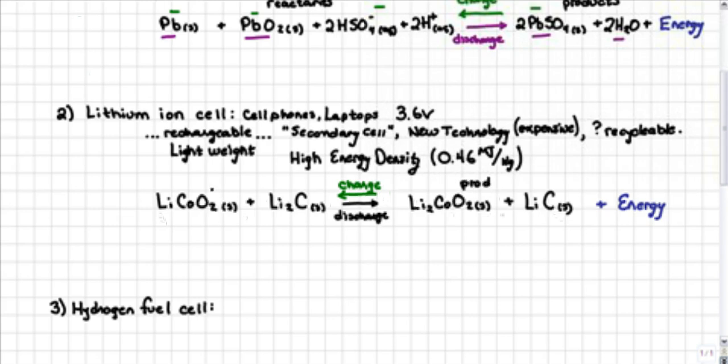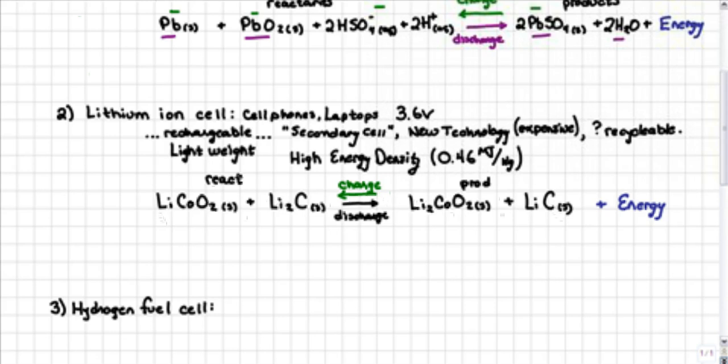And so it's the same process. Left to right is the discharge reaction and is what produces energy, and then to return the battery or cell to its original charged state, we need to supply energy and reverse this reaction in just that way.